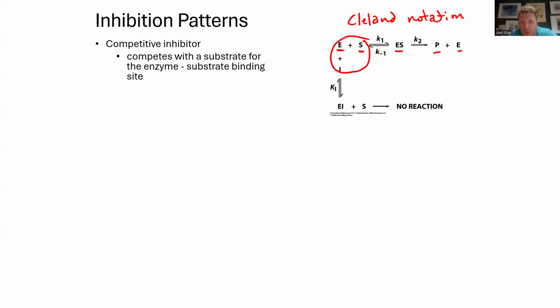Your enzyme, your substrate, and your inhibitor are all in the same container. So it's not necessarily flipping a coin, but your enzyme has basically an equal opportunity to bind the substrate or the inhibitor. Now, of course, that's going to vary based on the concentration of the substrate or the inhibitor. But let's imagine that our enzyme has an equal affinity for our substrate as it has for its inhibitor.